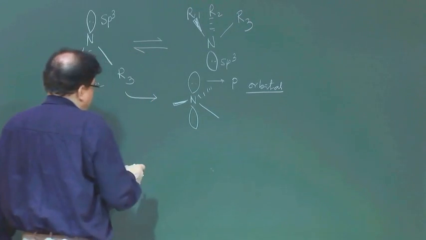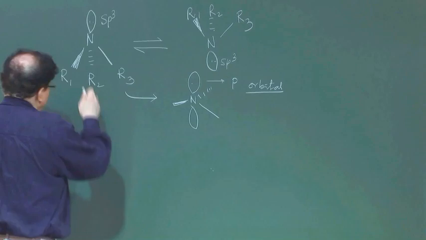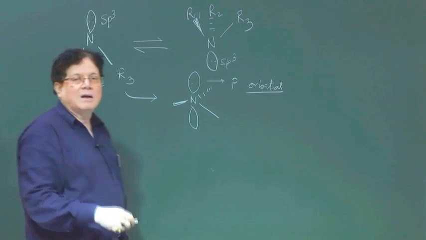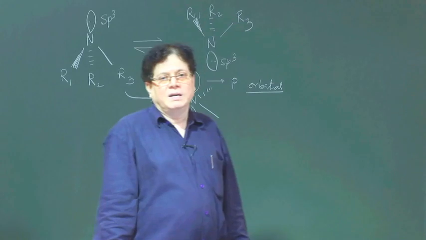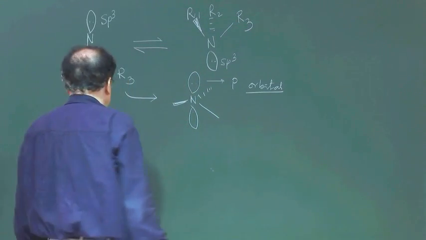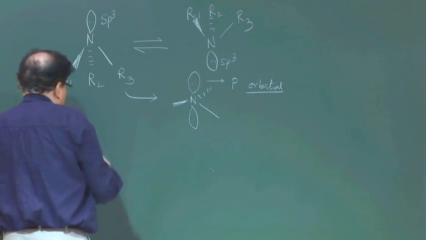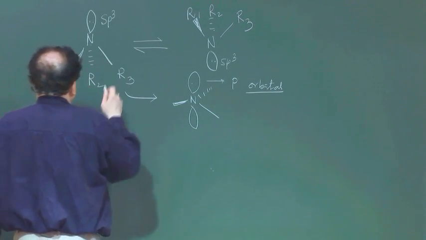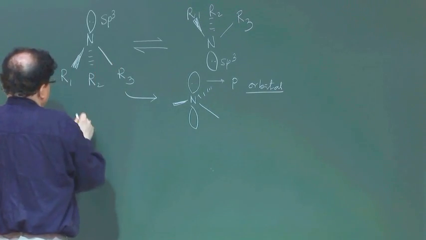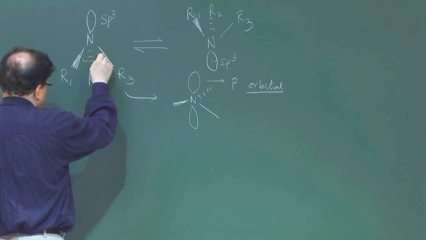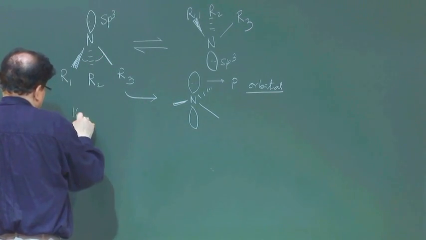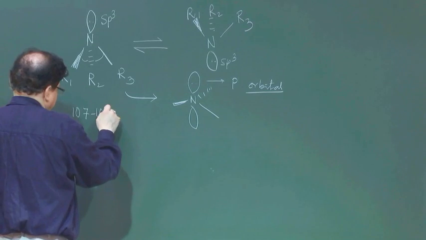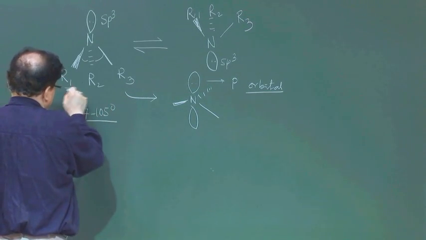Okay. Now, what happens in nitrogen, you know that these angles are never maintained at 109 degrees 28 minutes. It is slightly less because of the lone pair bond pair repulsions, and they balance at a value where the angles we are talking about are about 107 to 105 degrees. It varies with the nature of the alkyl groups.